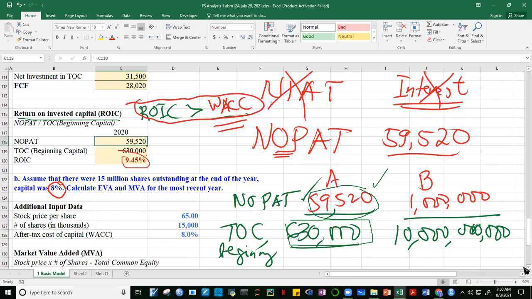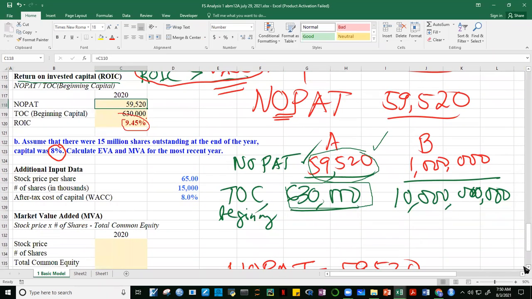And we said that we do not assess if it's good or bad just based on the NOPAT. Because it's really foolhardy to say this company that generated 59,520 performed less than this company that had NOPAT of 1 million.